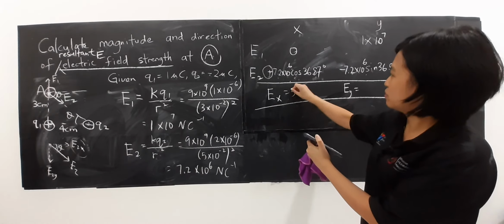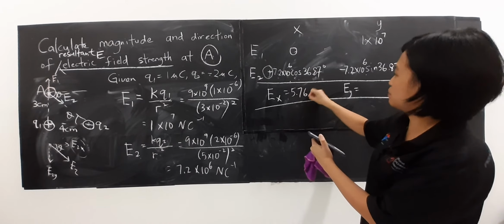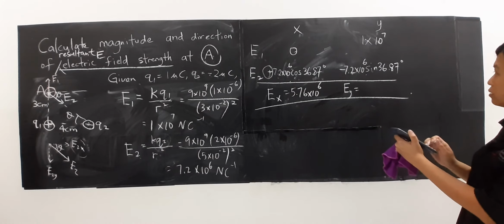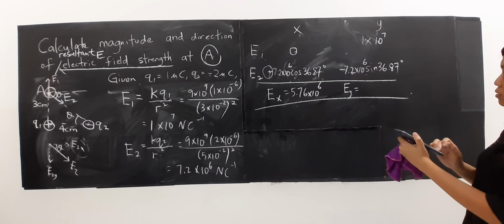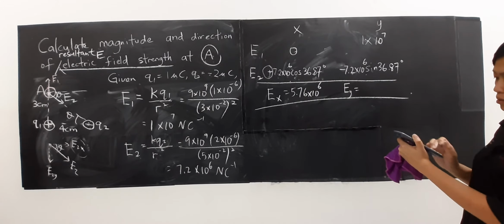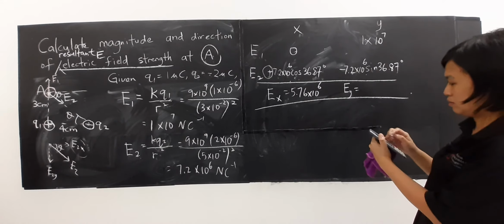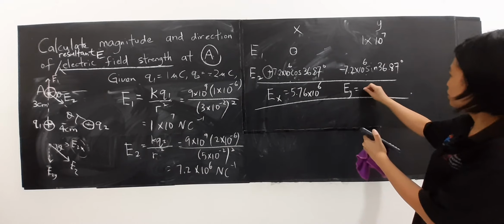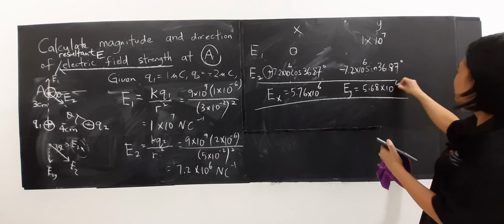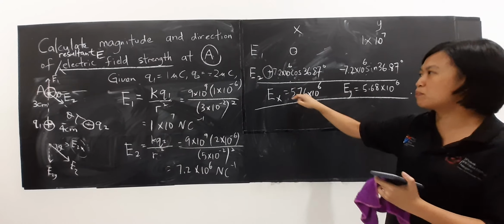You get something like this. 5.76 power of 6. Ini pula nilai yang kamu dapat sini memang dua-dua pun positif.